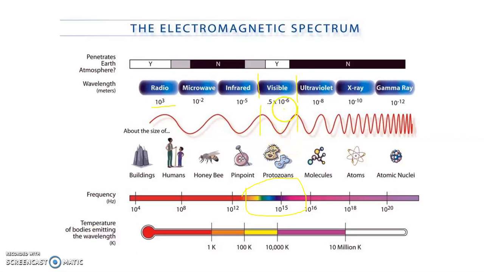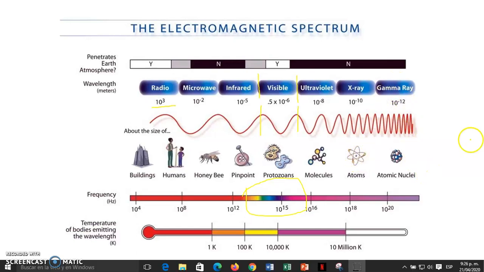How big is this? Well, as big as a protozoan. But there is some other energy that is transferred, like ultraviolet, X-ray, and gamma ray, where the size of the wave is as small as a molecule or an atom, so it is not something that we can see, but that we use every day.